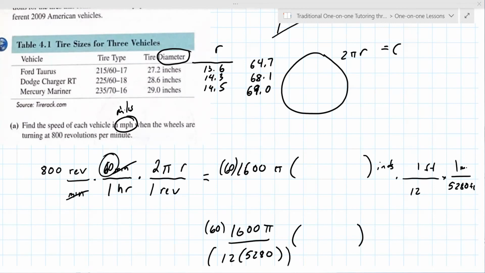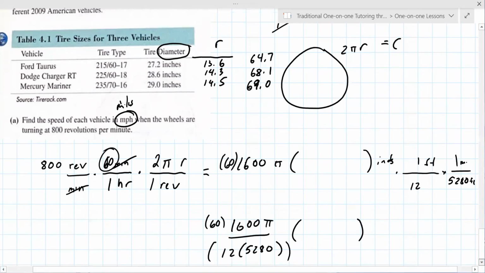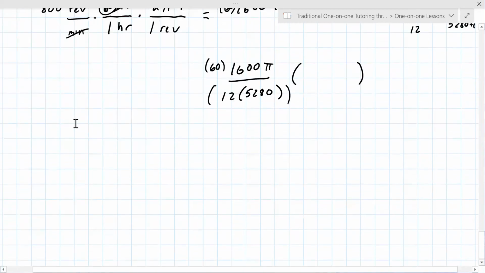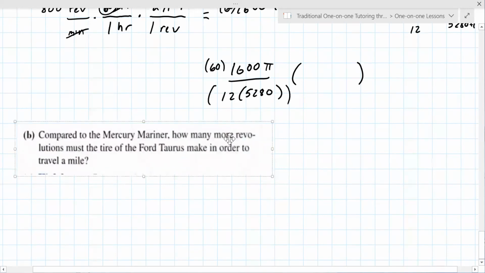Okay, perfect. So the next thing they're asking is, compared to the Mercury Mariner, how many more revolutions must the tire of the Ford Taurus make in order to travel a mile?